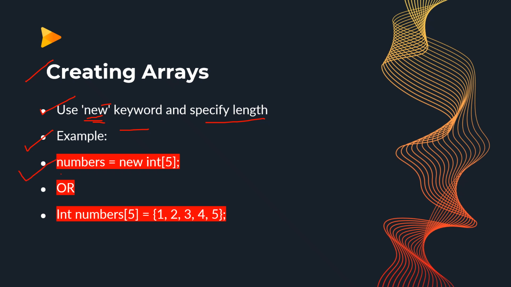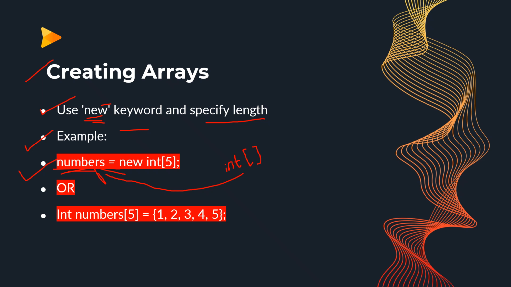Now this is numbers and we are creating an array. First, we have to mention the type of the array, so we use int, then we give the square brackets, and after that we give the name of the array. The array's name is numbers.